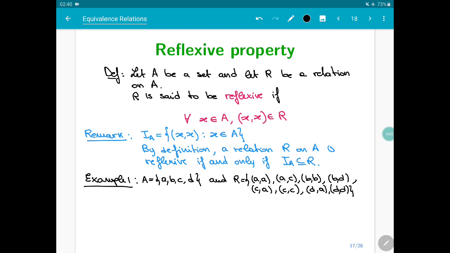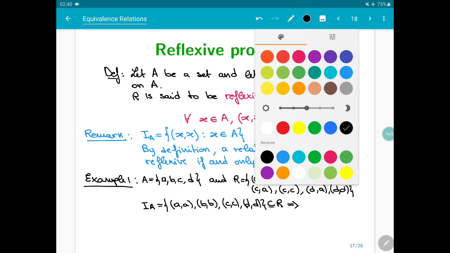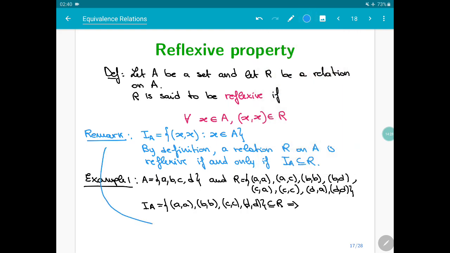Well, you will agree with me that this is reflexive because the identity relation of A, which is in this case given by four elements, (a, a), (b, b), (c, c), and (d, d), is a subset of R. And so, because of the remark here, we conclude that R is reflexive.